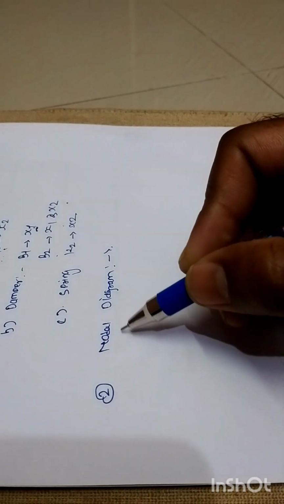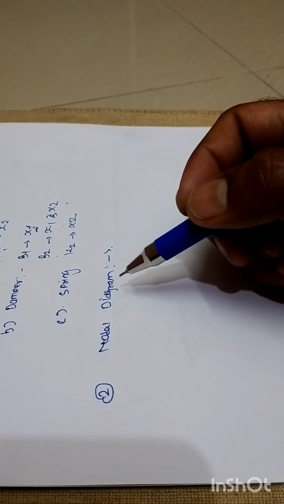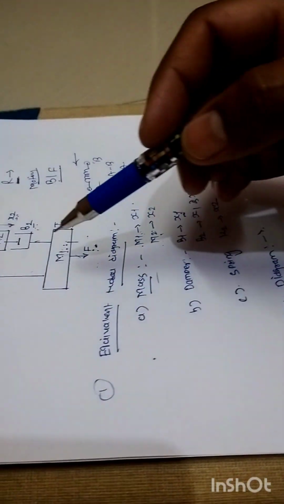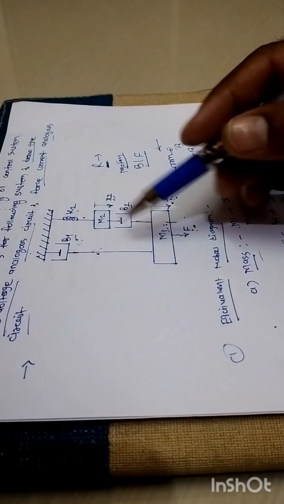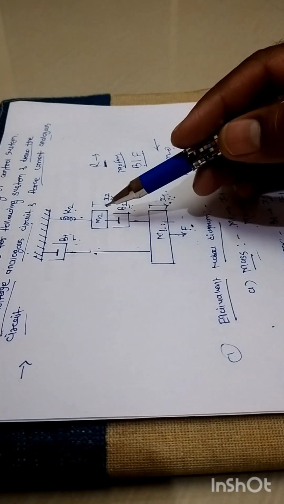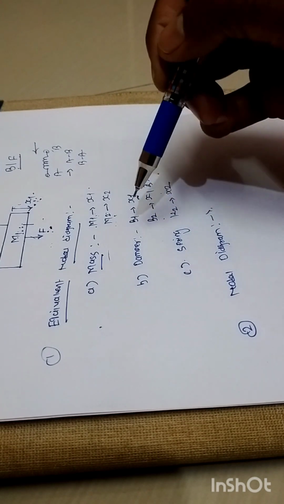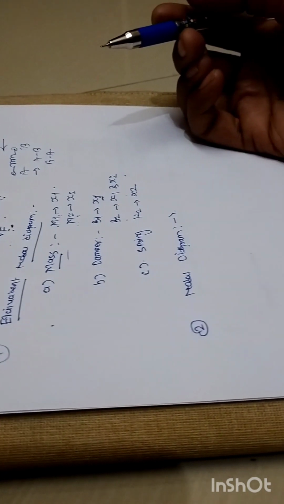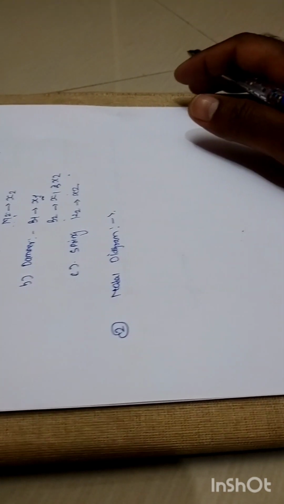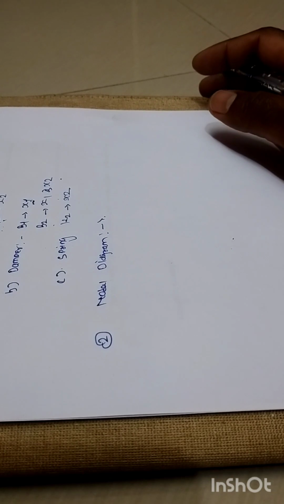In order to draw this nodal diagram from the given mechanical system, these are the elements associated with displacement number 1 or displacement number 2, right? Then in step number 2, we need to draw the nodal diagram.